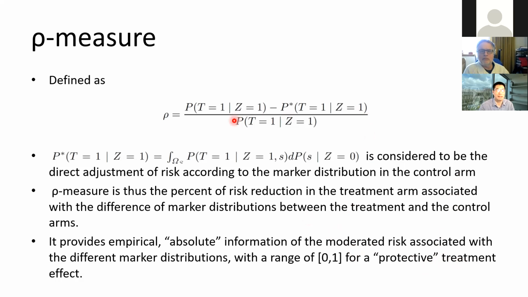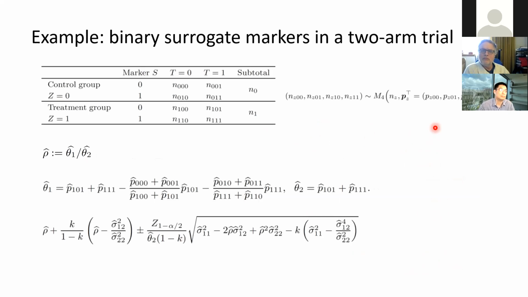Now this rho measure, unlike the F measure, may go beyond 1. The proportion of attributable fractions will always be between 0 and 1.